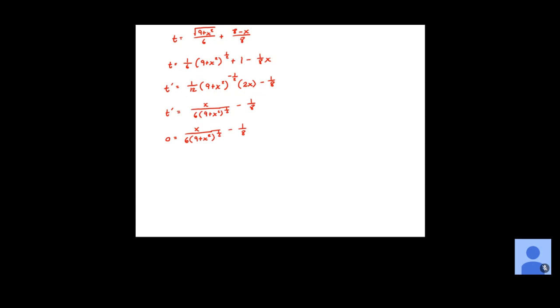Now, what are we going to do first to solve this? Okay, good. We can move the 1/8 over, so that's going to give us 1/8 equals x over 6 times 9 plus x squared to the 1/2 power. What would you do next?